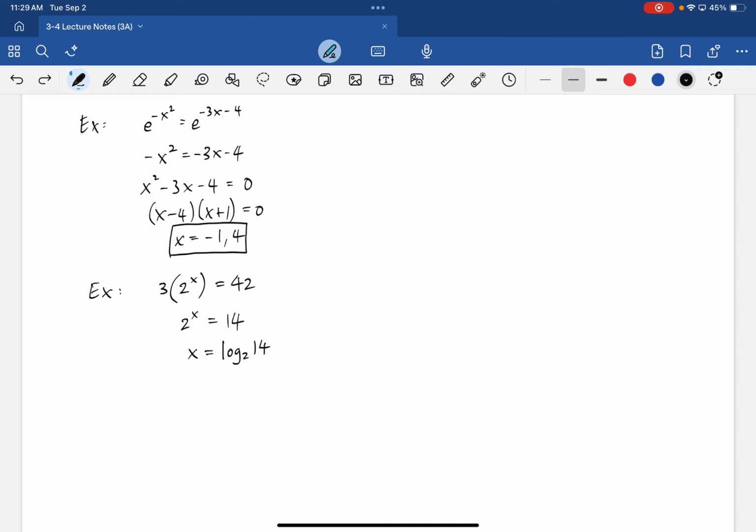Okay, and so on the quiz, this is what you would write. x equals log base 2 of 14, and 14 is not a power of 2, so this doesn't simplify. On the homework, you might have to calculate this. Anybody know what this is?